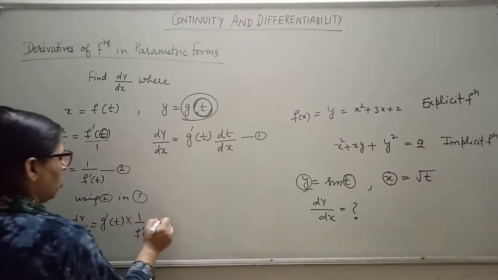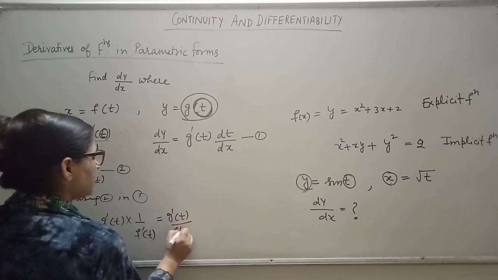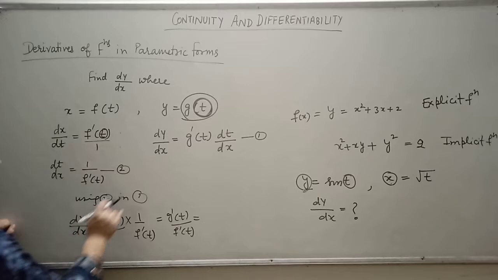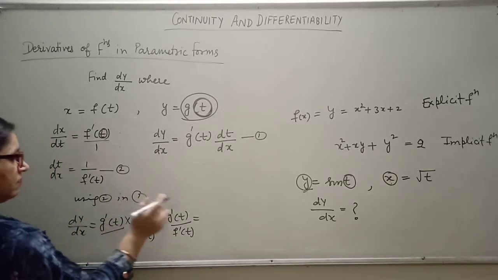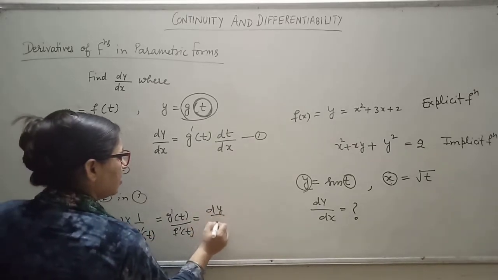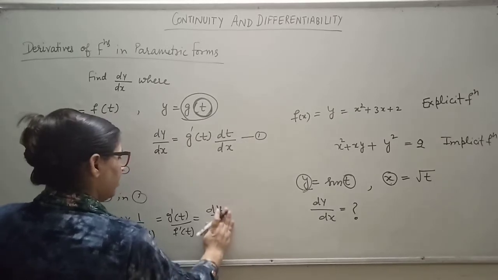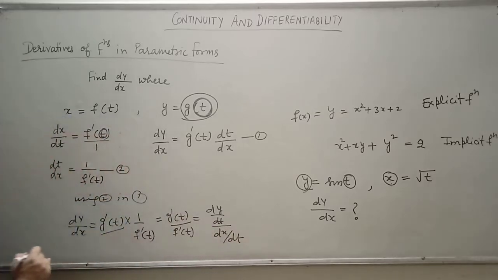So this is equal to g dash t upon f dash t. Or in another way we can write down, this g dash t is dy by dt, divided by dx by dt, that is dy by dt divided by dx by dt. Is it clear?